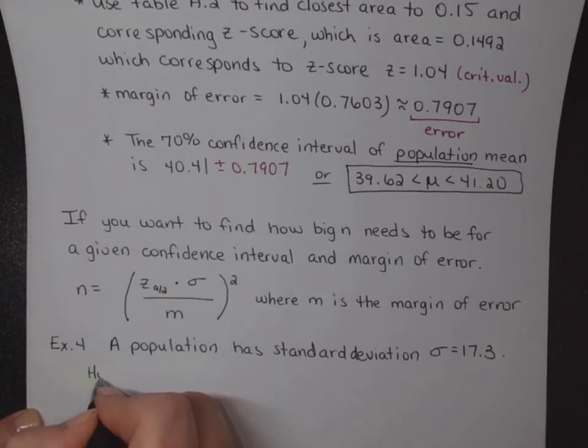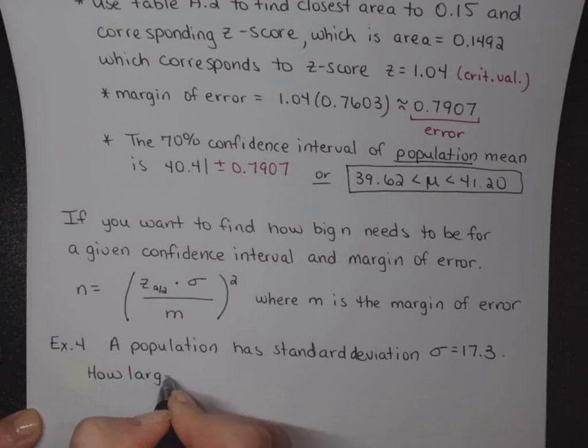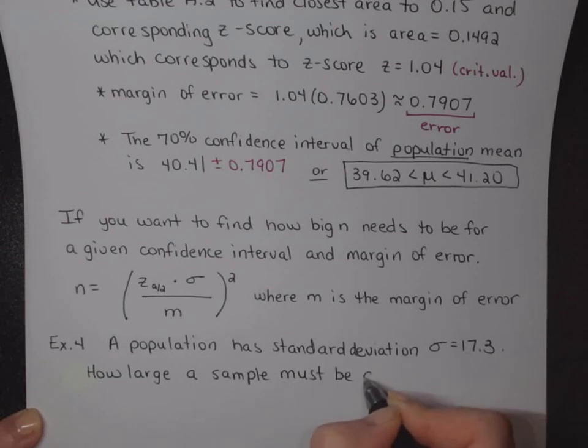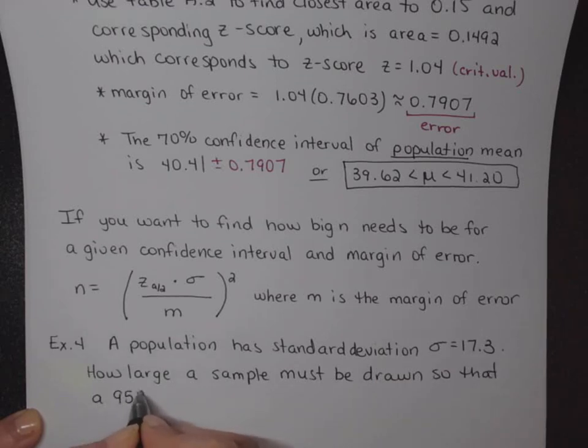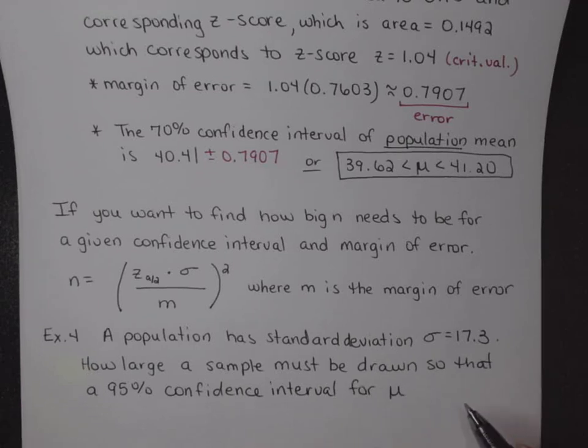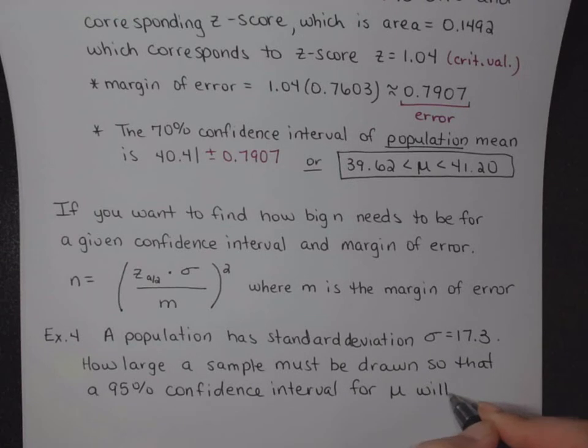So my question is, how large a sample must be drawn so that a 95% confidence interval for the population mean, which is mu, will only have a margin of error of 1.4.